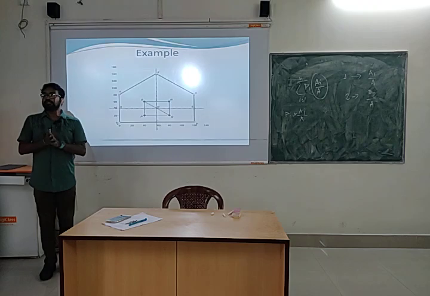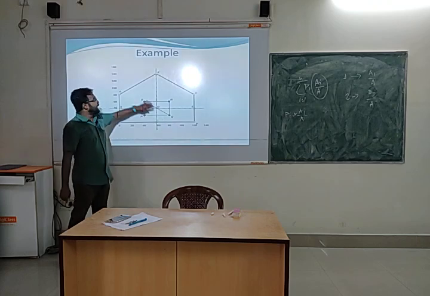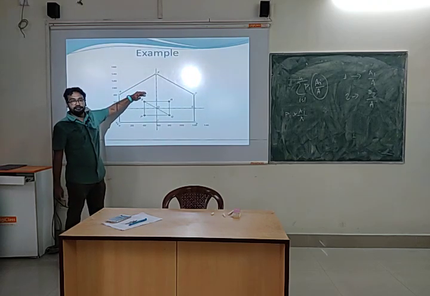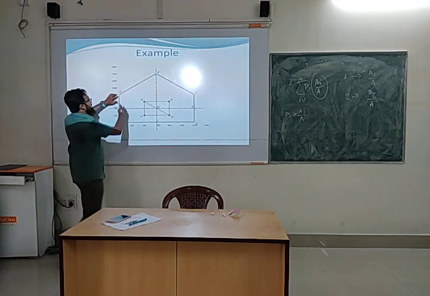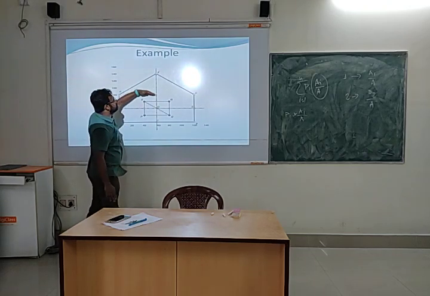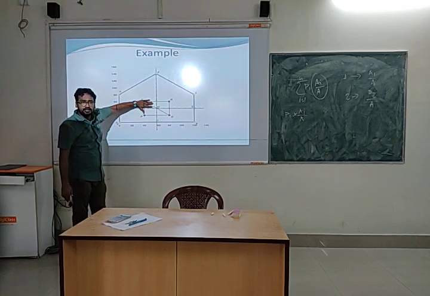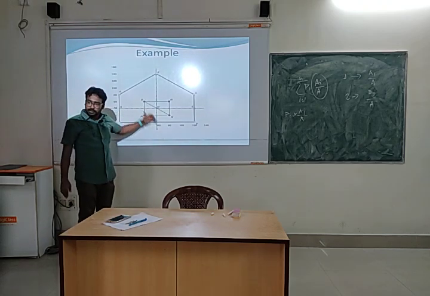Now, because this has a common shape, right? This is a rectangle. This is also a rectangle, and you can split it into two different shapes. If you elongate a line in this direction, you will get a triangle and a rectangle, right?